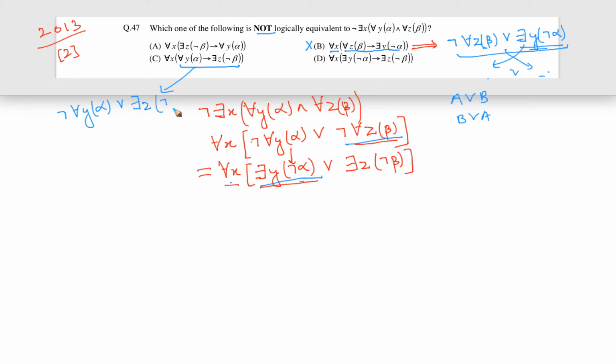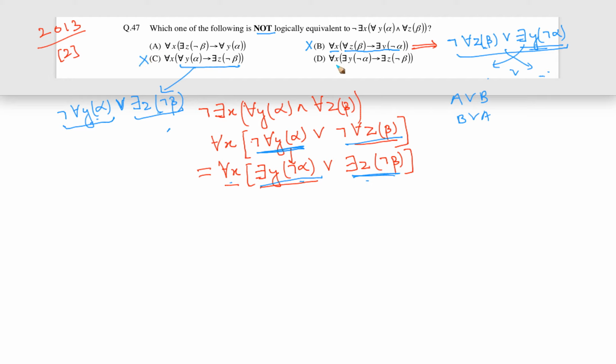For not for all y alpha, this thing is matching here, or there exists z not beta, this thing is matching here. So this thing or this thing, this thing or this thing. So definitely these two predicates are also there, and that's why overall this is also equivalent, and that's why this is also not the answer, because we have to find which is not equivalent.